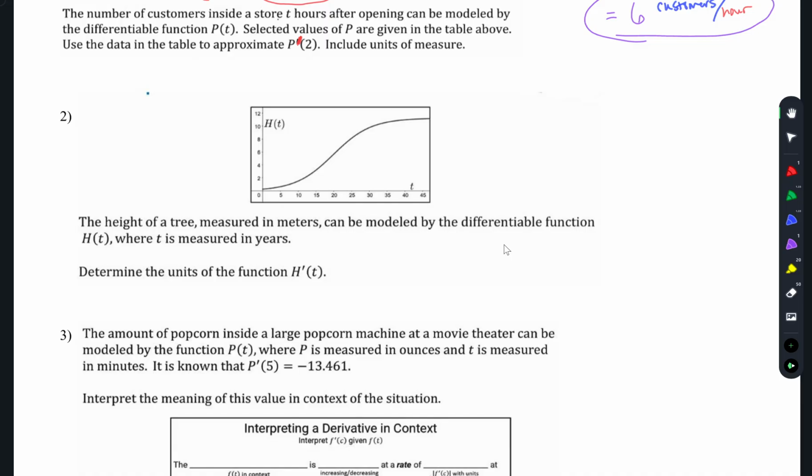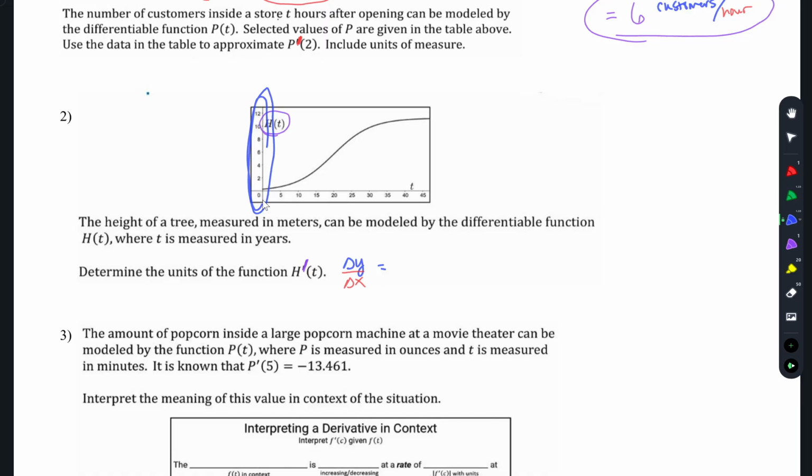So again, really, it's about realizing you have H prime here, you have regular H, so that means you're going to be doing some kind of rate. The rate is always change in y over change in x, right? So you're doing change in y over change in x, or y2 minus y1, whatever it is. So just get your units in the same spot. Look at your y, think about what your y would be.